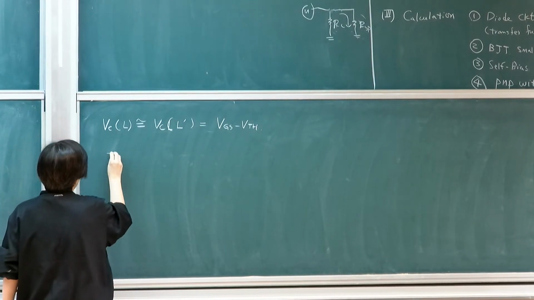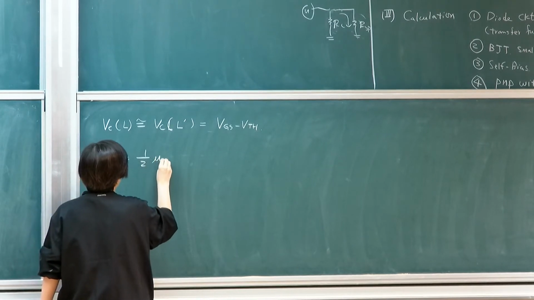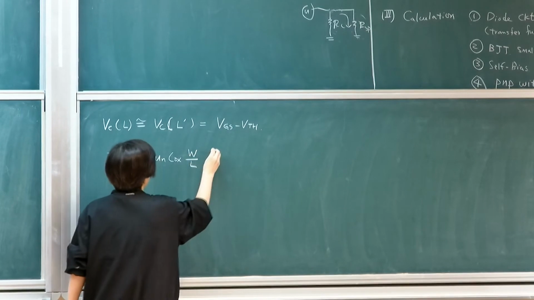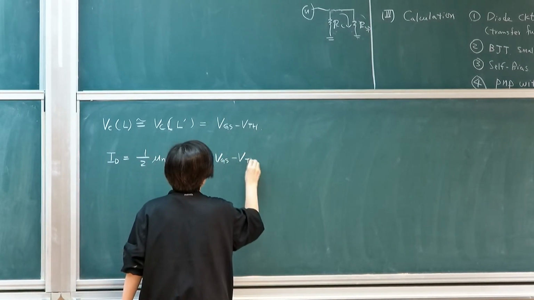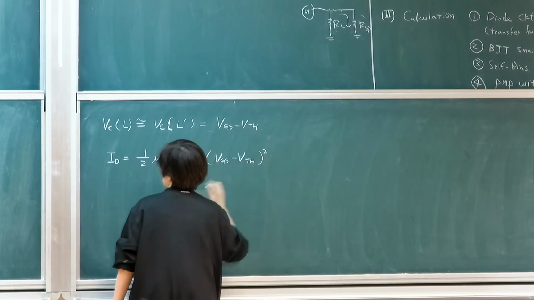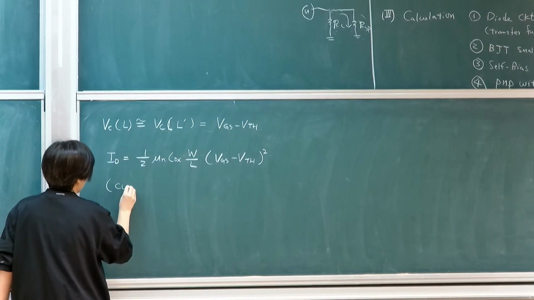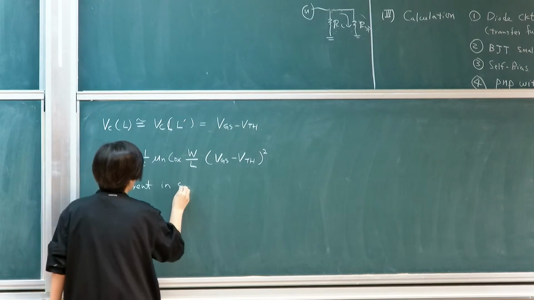Then my current equation will simply become 1/2 mu n Cx W over L (VGS minus VTH) squared. So this is the current when the device is operating in saturation.